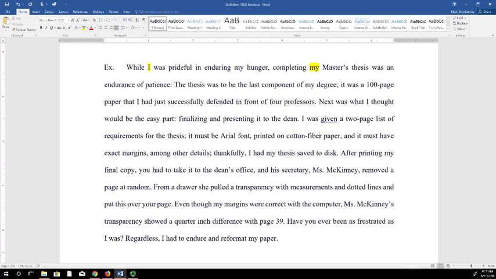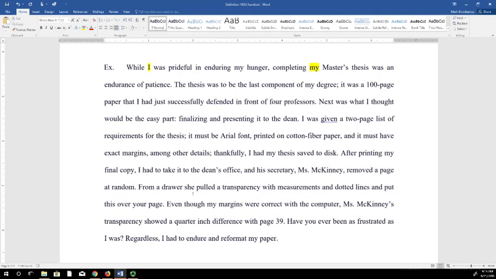Good. You continue moving through, right? We see everything is good. Right? So I was given blah, blah, blah. I had blah, blah, blah. My blah, blah, blah. Whoops. What happened? You didn't take it to the dean's office. I did. Oh, she didn't put it over your page.